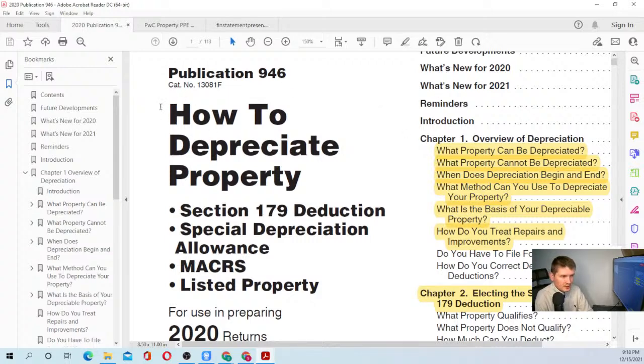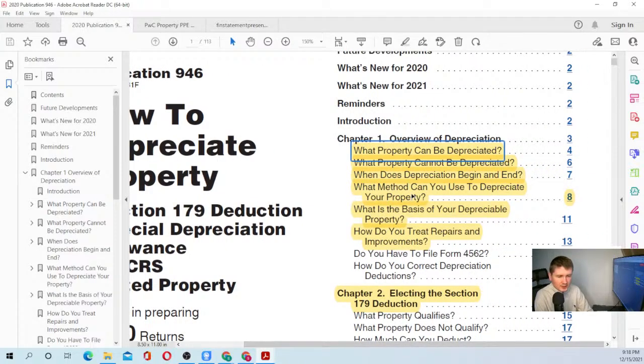The publication is called How to Depreciate Property, and today we are going to take a look at what property can be depreciated, what cannot be depreciated, when depreciation begins and ends, what method you use to depreciate, what the basis of your depreciable property is, and how you treat repairs and improvements. All of these questions are mostly the same as we considered in the lecture on accounting for PP&E.